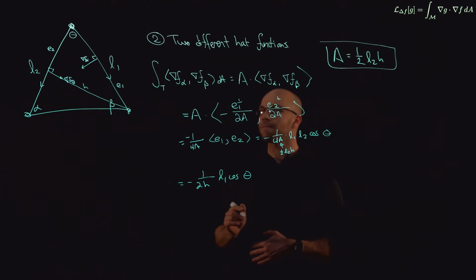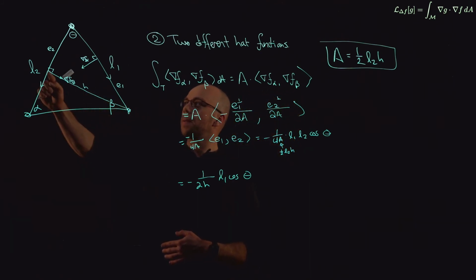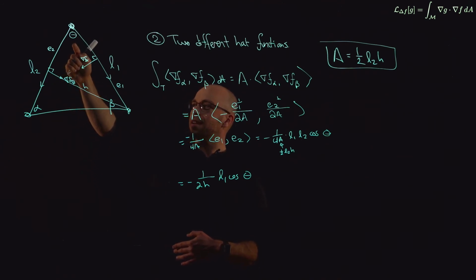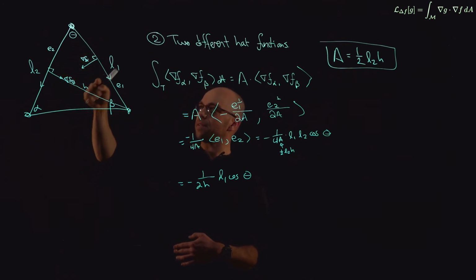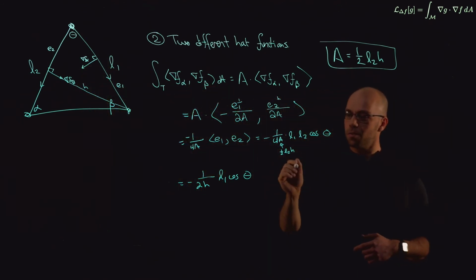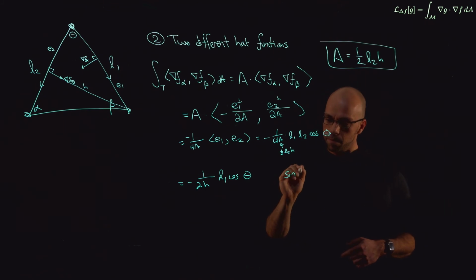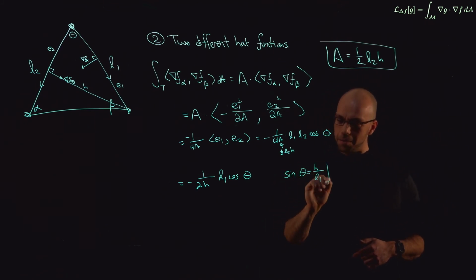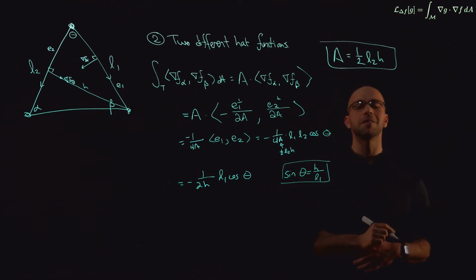What is that? Well, we've got a right triangle. We've got L1 and H and a right angle. Take a look at sine of theta. Sine of theta is opposite over hypotenuse. So sine of theta is H over L1. I'm betting there's a simpler way to derive this formula, by the way, but this is the one that I worked out, so now you're all stuck with it.